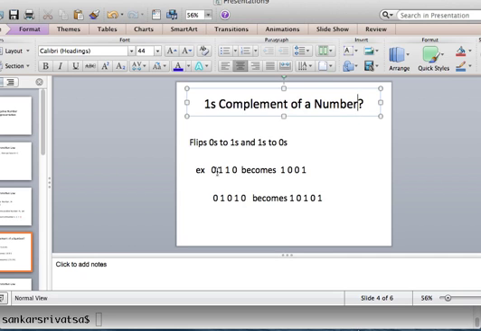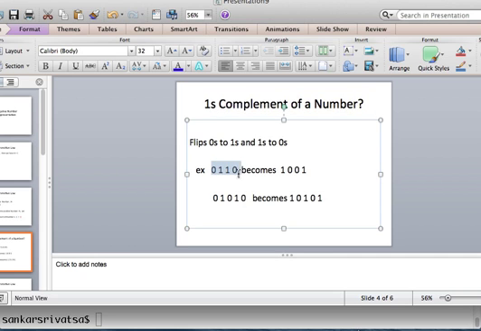For instance, if you take this number 0110 in binary, the 1's complement of this number is, flipping the 0 to 1, the 1 to 0, the 1 to 0, and the 0 to 1. So this is the 1's complement of that number. Let's take another example. 10100 is a binary number.